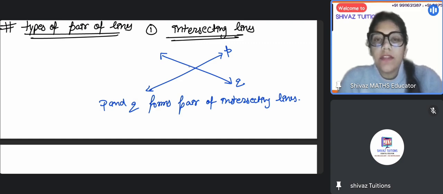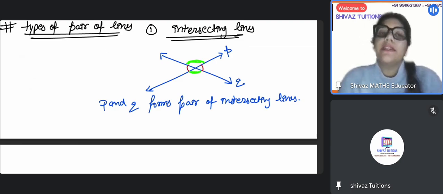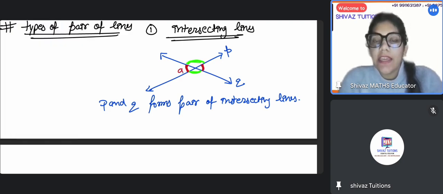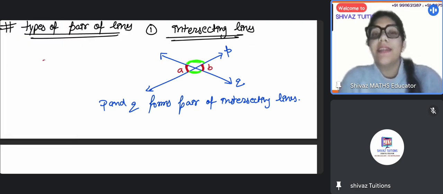Now when we have intersecting lines, angles are also formed. If you see, there are four angles formed: one, two, three, and this one, four. Two pairs of angles are equal. Vertically opposite angles are equal. If I name these A and B, then angle A is equal to angle B because they are vertically opposite.